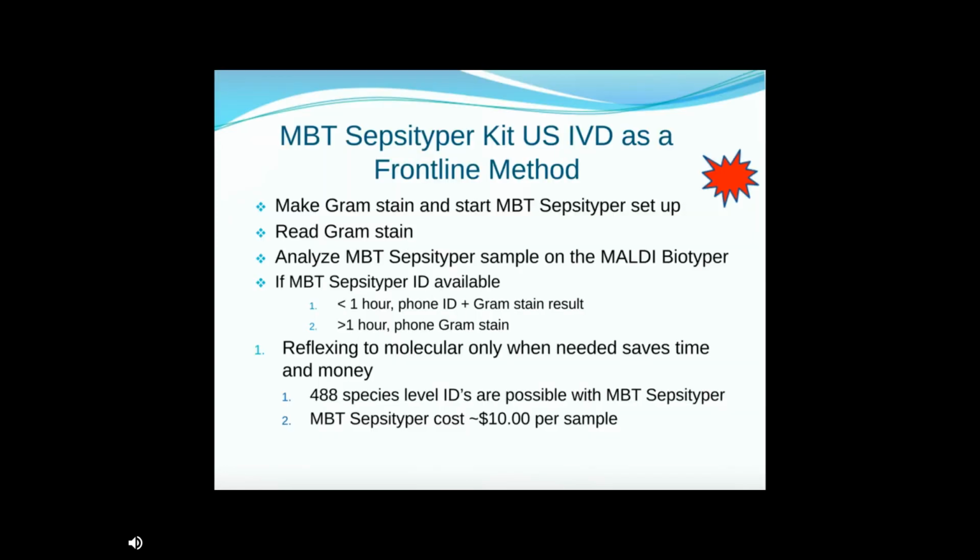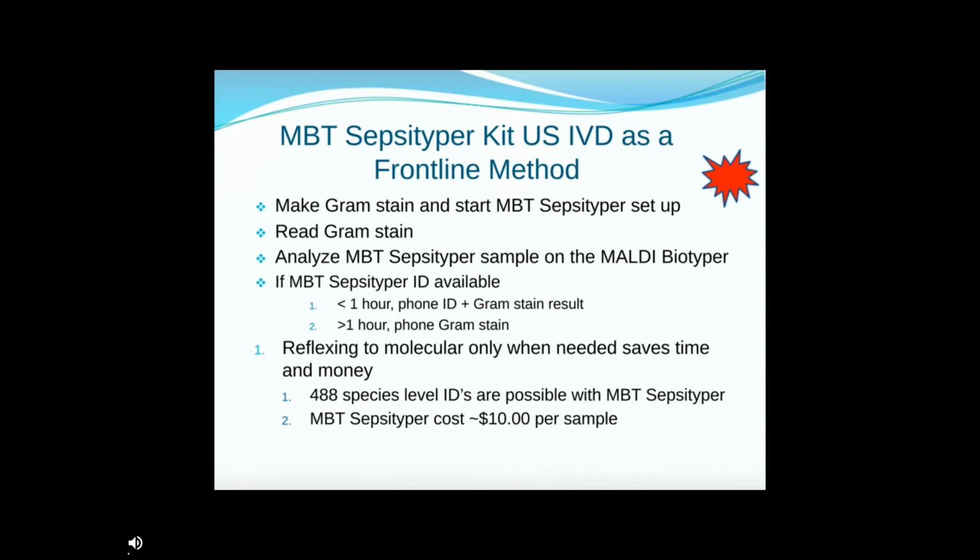So just to show you how this Sepsityper kit is used as a frontline method, we make the gram stain, we do the Sepsityper, read the gram stain. As the gram stain is drying, we're setting up the Sepsityper. We read the gram stain, so now we have an idea of what the organism is going to be.